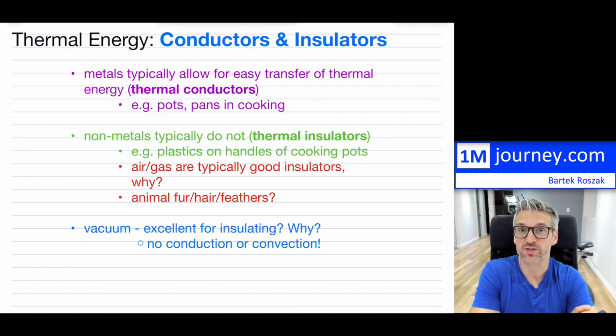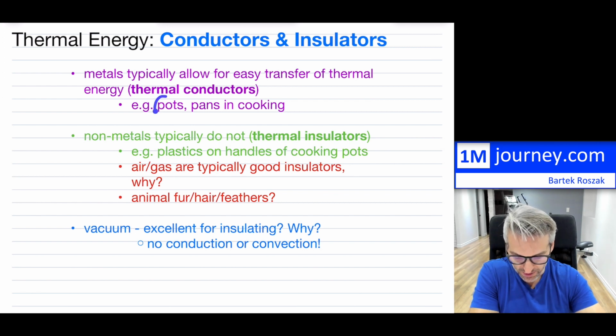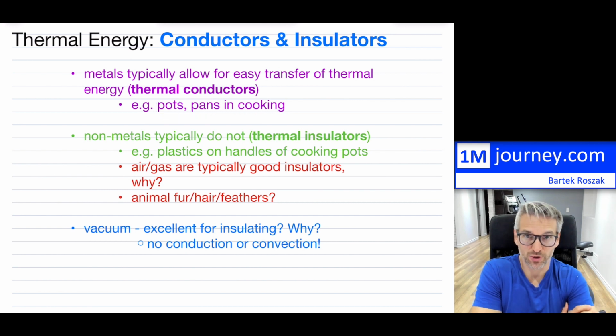You may also see conductors and insulators with regards to electrical energy and that transfer, but here I'm just referring to thermal energy in general. These thermal conductors, we definitely do utilize. For example, anytime you're using pots or pans in cooking, they will be made of some kind of metal.